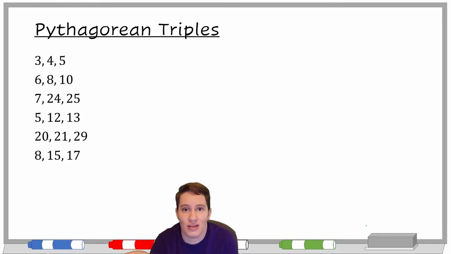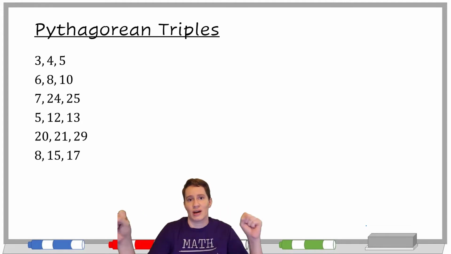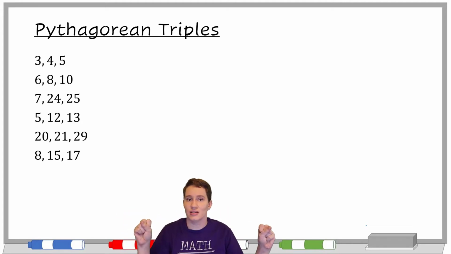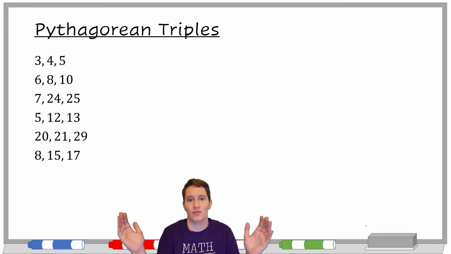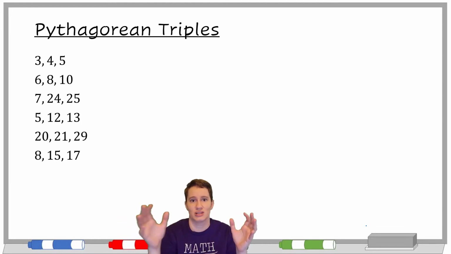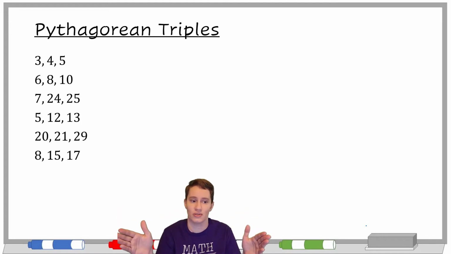What that ends up meaning, though, as far as real world application is, in the past at least, one of the things that they would do to make sure that they were getting right angles, ancient Egyptians, we have evidence that they did this, they took a rope that had 12 knots on it to show a length of 12, or they had it segmented so they could see that it was a length of 12.